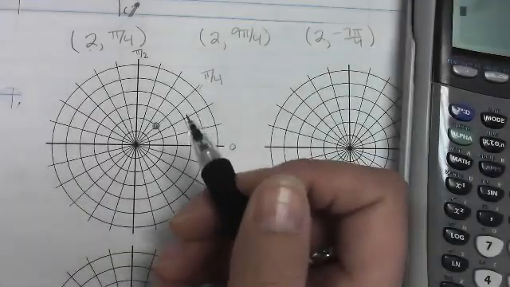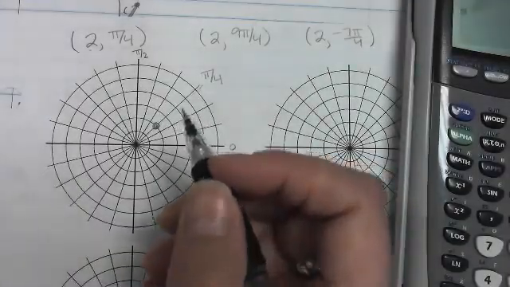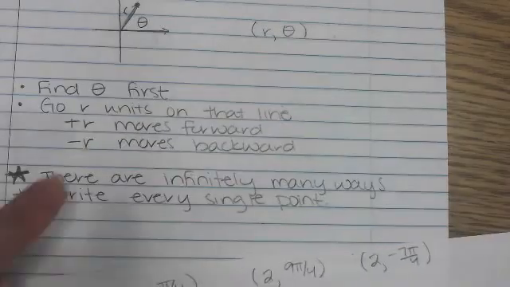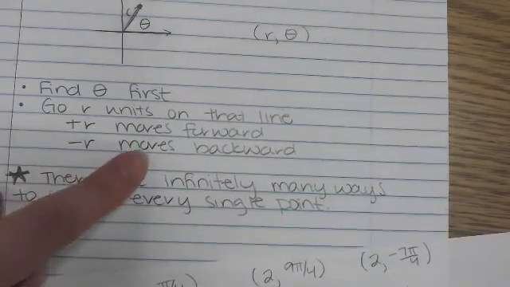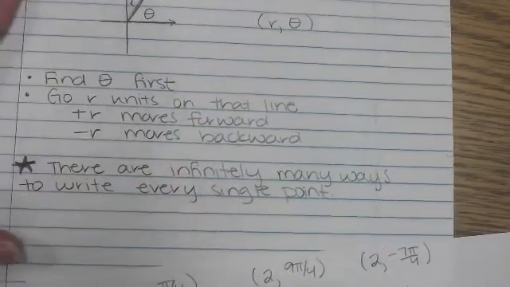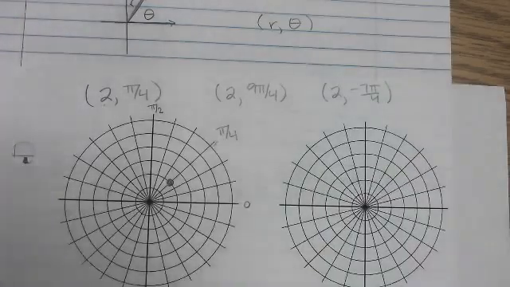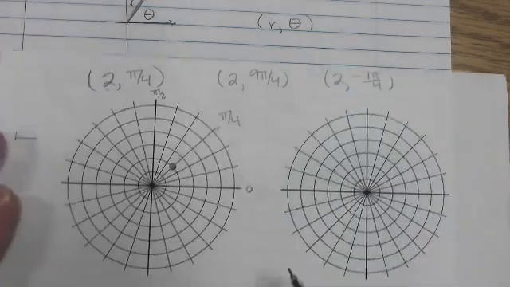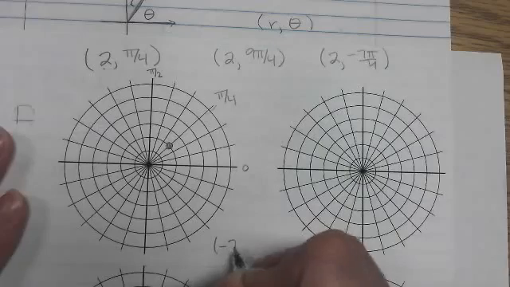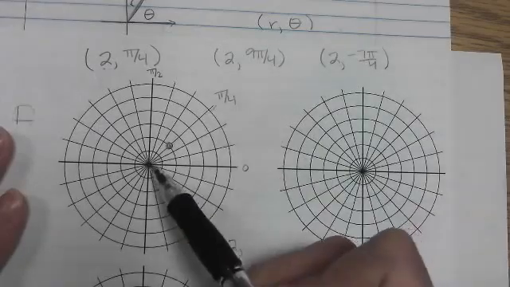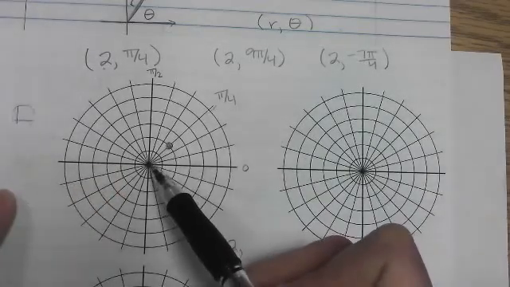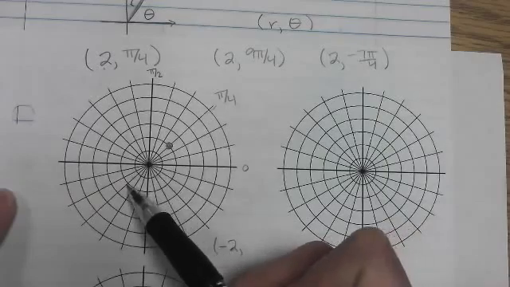Another way that we could write the point that's kind of interesting is using this idea that a negative r would move the point backward. So if you think about it, if I'm going to end up using a negative 2 in the point, then from the pole, if I was on this line, it would move it backwards, so it would move it over here.